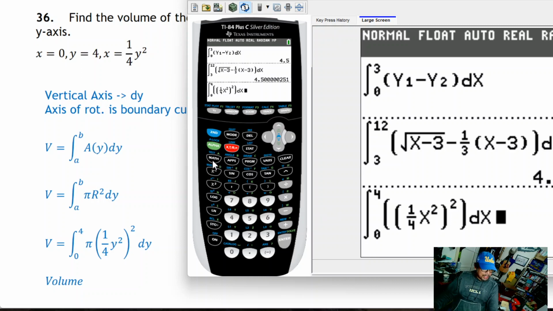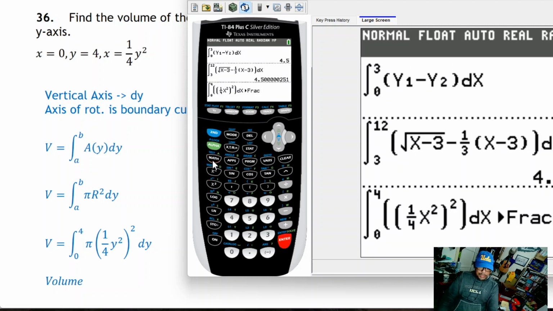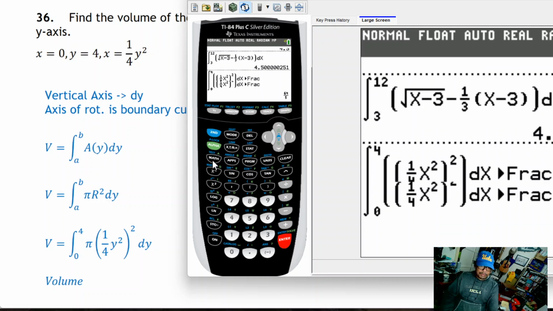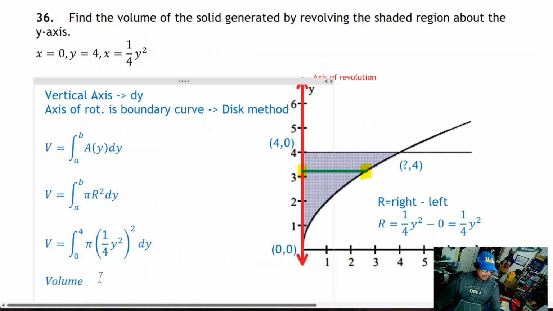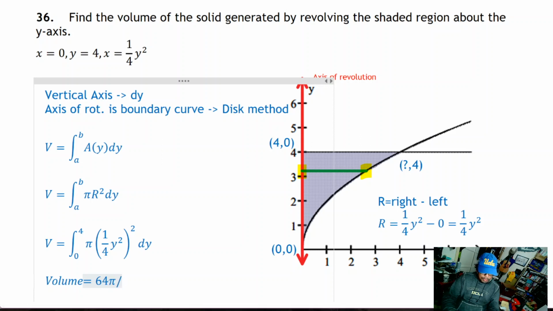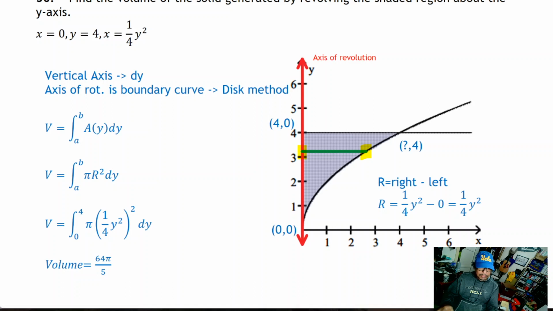Also, a nice touch here would probably be to ensure that my answer is going to be a fraction. So I'll put arrow to a fraction. Well, that gives me 64/5. And like I said before, I know that that's going to need a pi. So that is equal to 64 pi over 5. So that is my volume.